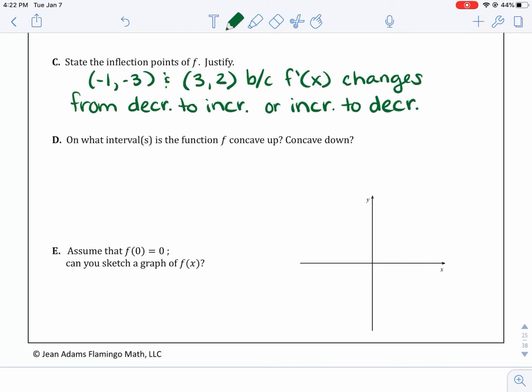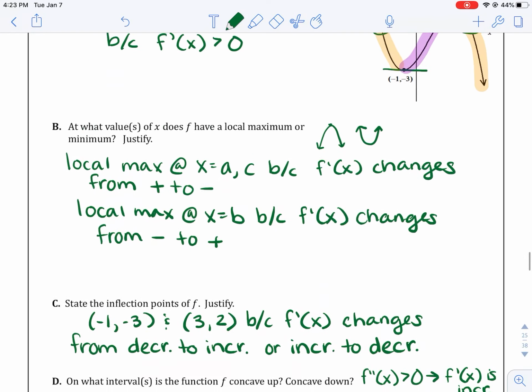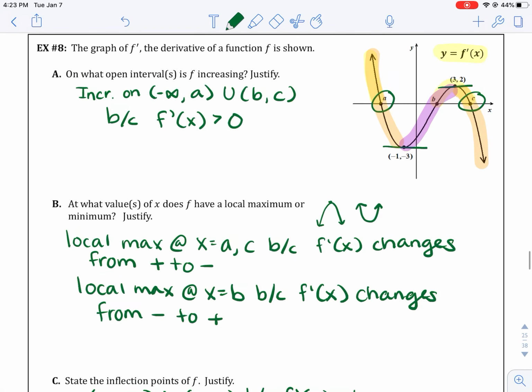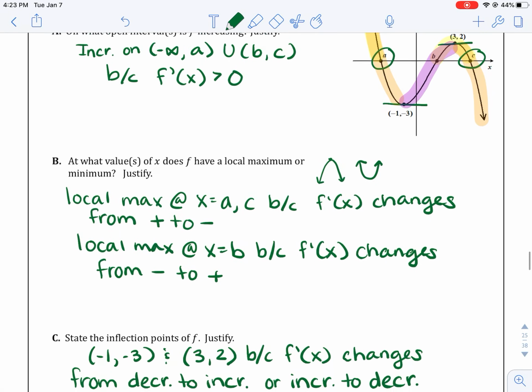So on what intervals is the function concave up or concave down? Okay. So it's going to be concave up when the second derivative is greater than 0 or positive, which means that the first derivative is increasing. So we know that the derivative is increasing from -1 to 3.